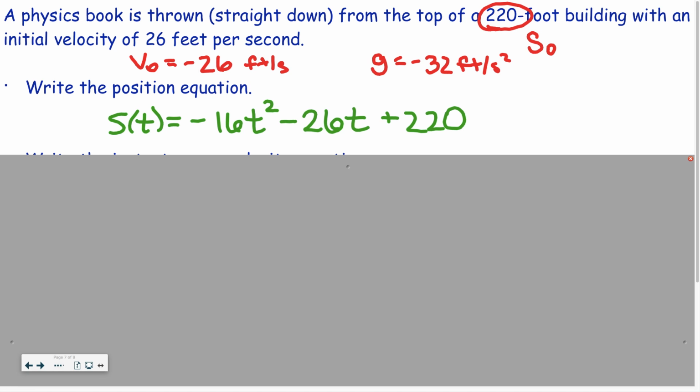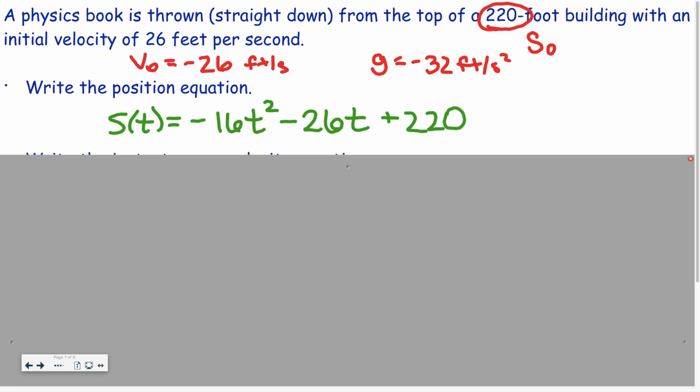So negative 16 t squared, that is 1/2 times negative 32, right? Plus v naught t, so minus 26t plus 220. Okay, now it's just a matter of what are they asking us to find and how do we find it.